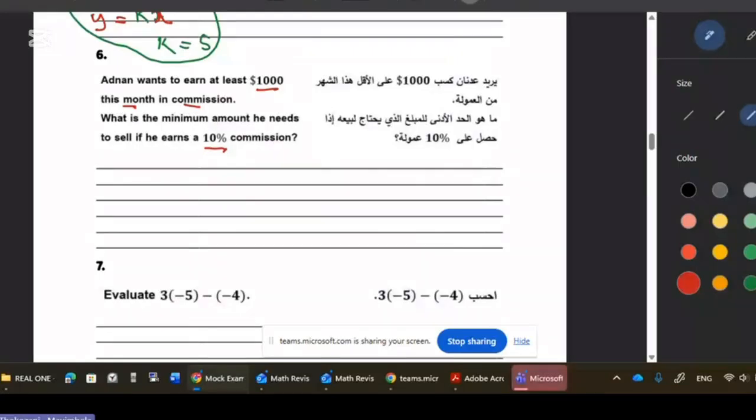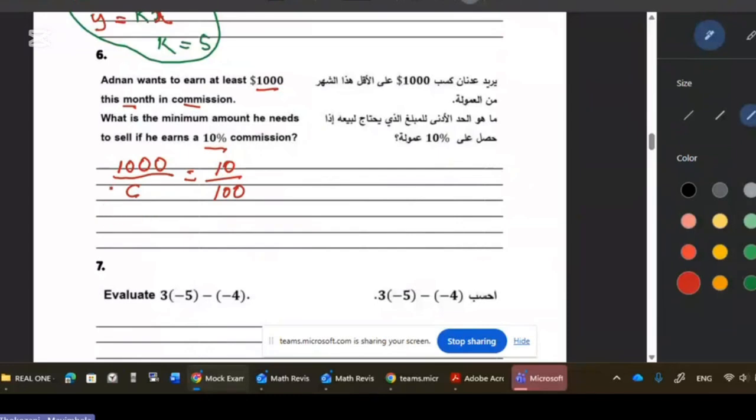Proportions here, they work amazing. I love them. So we can say 1,000 all over, now I'm putting the C over here, 1,000 over C. You'll see magic. Equal to 10 over 100. This 10 is the percent. That's why I'm saying over 100.